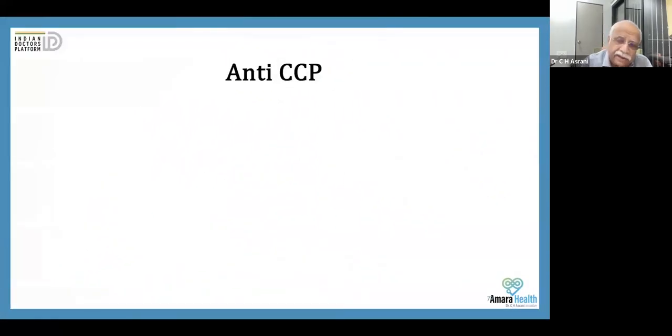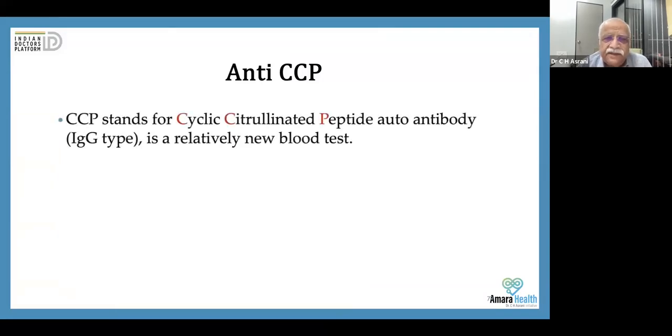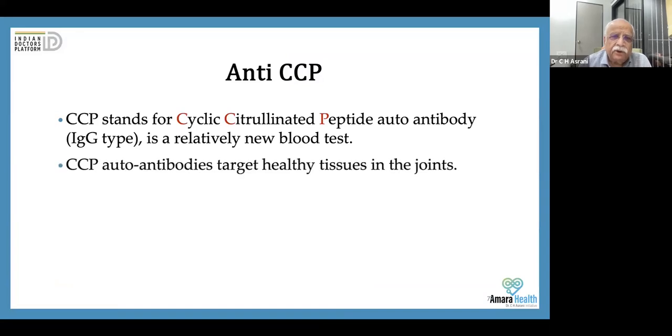Anti-CCP. All the beginning I gave you till now of immunity was to bring down to anti-CCP. It's a relatively new test. CCP stands for cyclic citrullinated peptide autoantibody. IgG type, a relatively new blood test. CCP autoantibodies target healthy tissues in the joints.